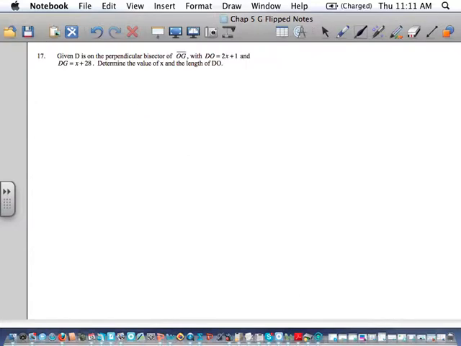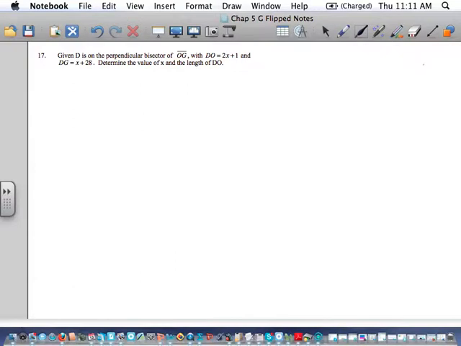Okay, number 17 says you are given D is the perpendicular bisector of OG. So I have this segment OG. I have the perpendicular bisector right here. And it says D is on that perpendicular bisector, so it's anywhere on here.